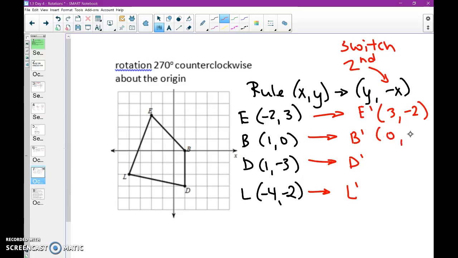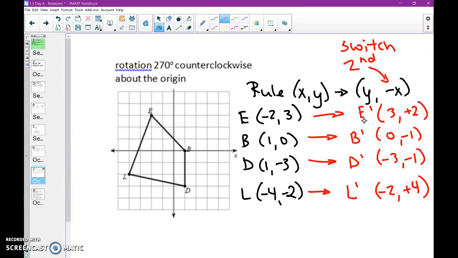Instead of 1, 0, 0, 1, instead of 1, -3, -3, 1, and instead of -4, -2, we have -2, -4. The second one is going to get switched, so all of these numbers have to change their sign. So +2, -1, -1, +4. Boom, there's our new numbers.